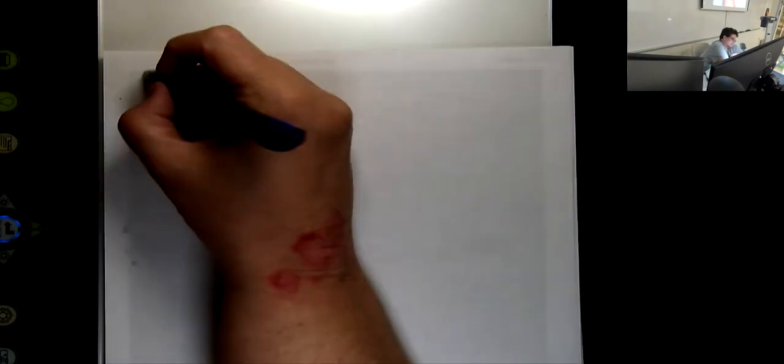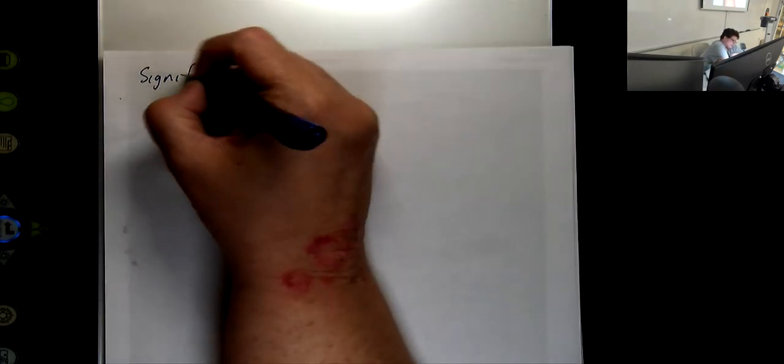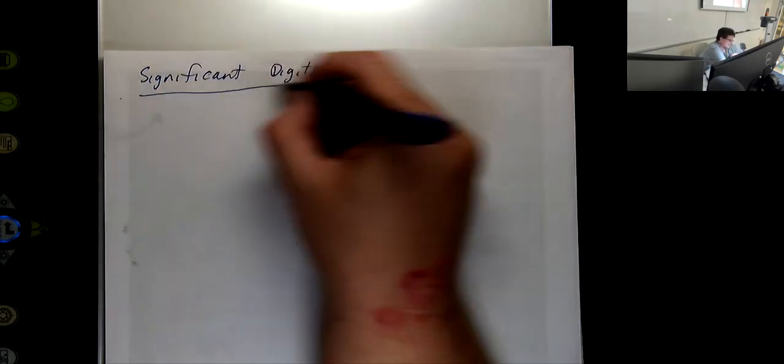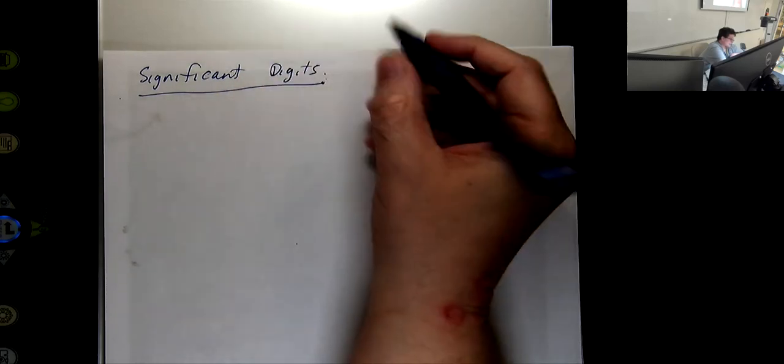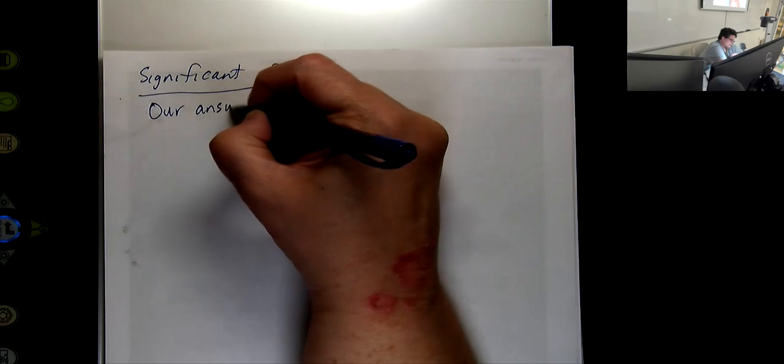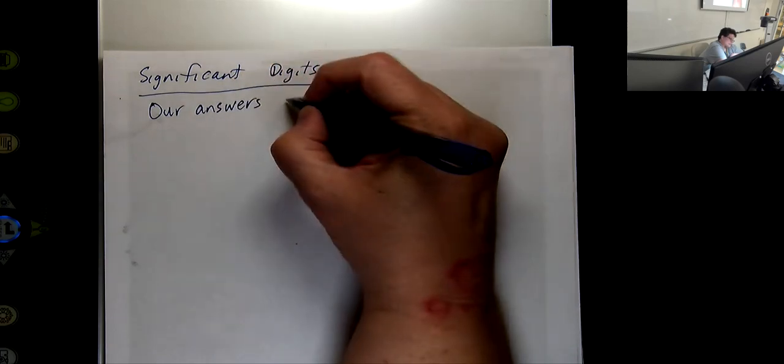Significant digits. This becomes a huge issue in chemistry and stuff like that, and the sciences. And the idea here is our answers can only be as accurate as our measurements.